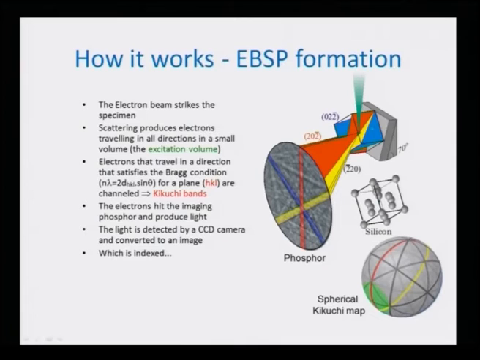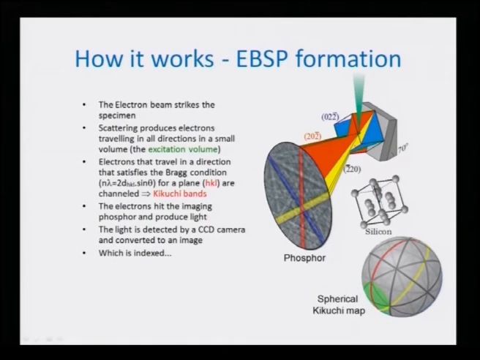So you have a crystal oriented like this, what I am showing you, a silicon crystal here, diamond cubic structure, and then if the electron beam falls on the crystal, it falls on a particular plane or a set of planes rather, and scattering of the electron beam happens, and the scattered electrons travel in all directions in a small volume, and electrons that travel in directions that satisfy Bragg's law, that is n lambda equals 2d sin theta for a particular plane, are channeled, and this actually leads to the formation of Kikuchi bands.